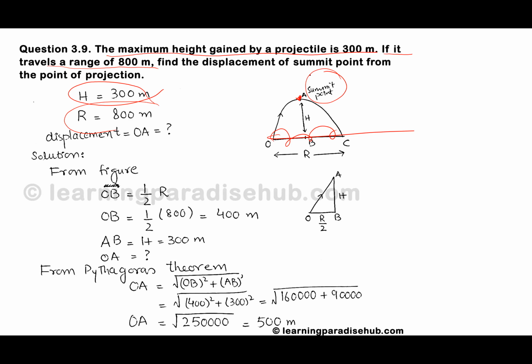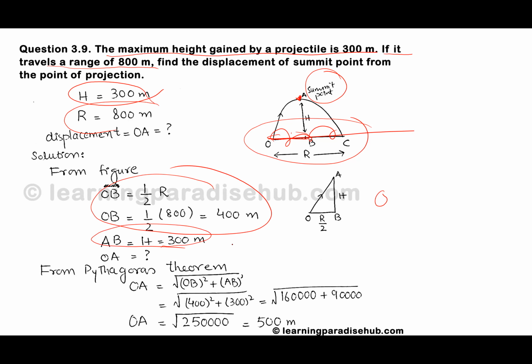So from the figure, OB, this distance, is equal to 1 by 2 of the range. So we will find this, which is 400 meter. Height is 300 meter. So for the summit point, according to Pythagoras theorem, this is the displacement.